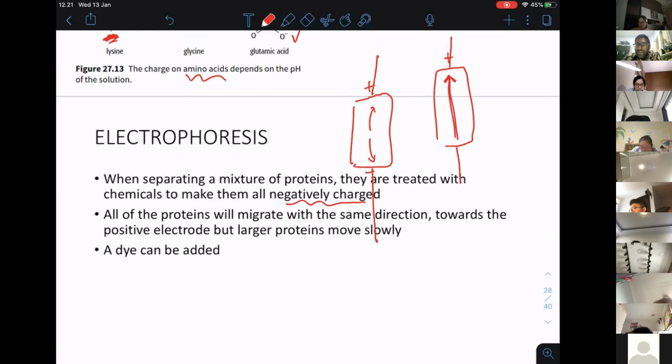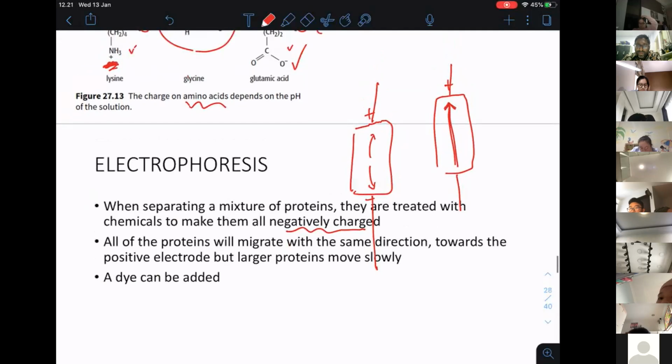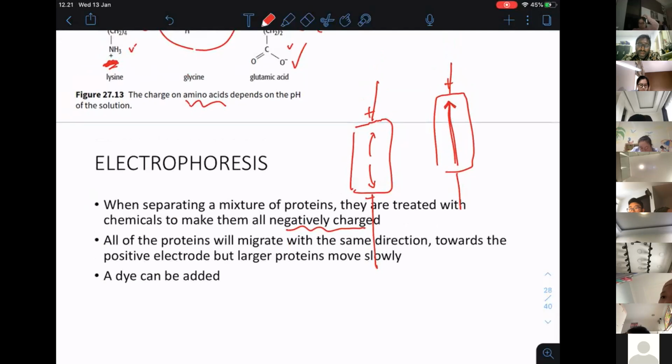Justin mentioned, do the series of bands appear differently when the pH is changed? If you're comparing different pH, are we going to have a different pattern of the bands? Yes, the answer is yes.